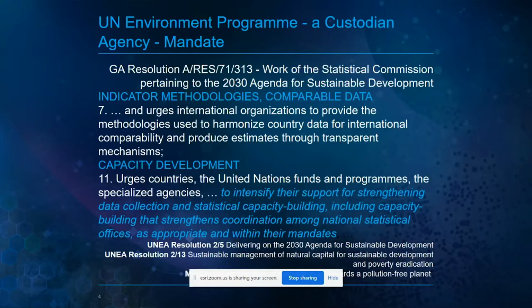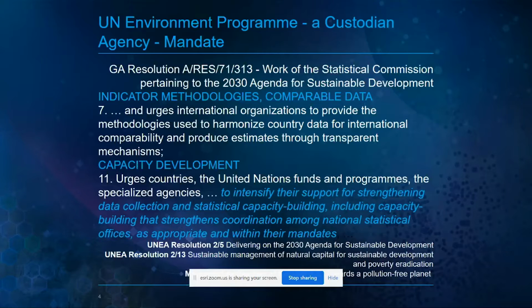The Sustainable Development Goals framework is formed of 17 goals, 169 targets, and 244 indicators. UNEP is the custodian agency of 25 of these indicators across goals 6, 8, 12, 14, 15, and 17. The role of the custodian agency, and specifically UNEP, is the implementation of the 2030 Agenda for Sustainable Development.